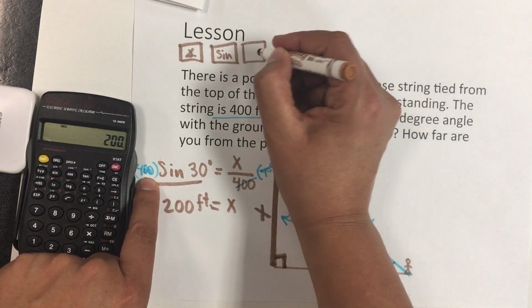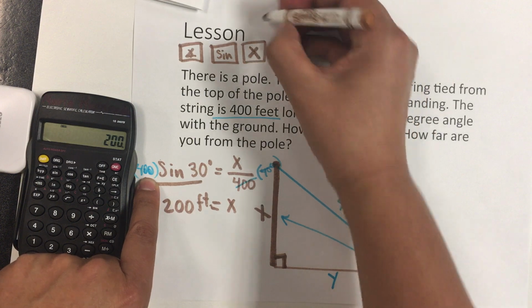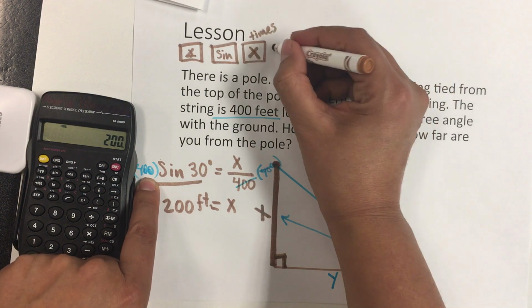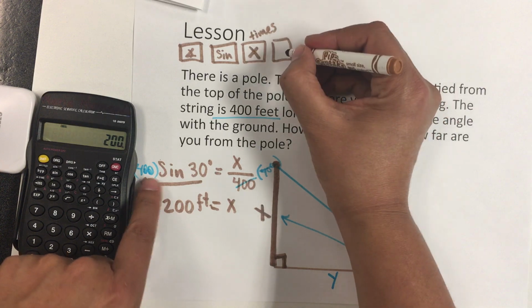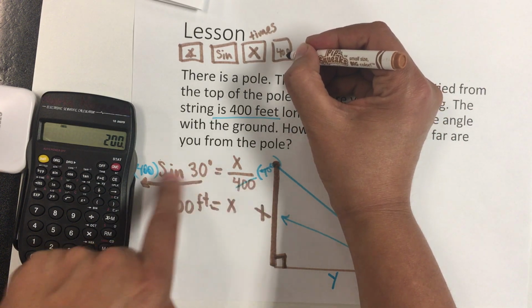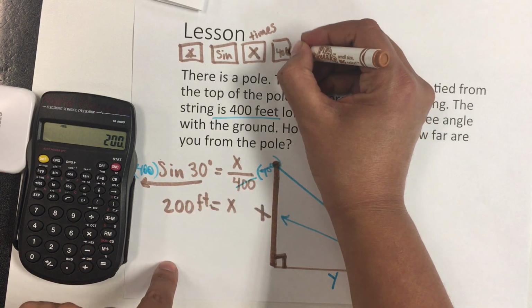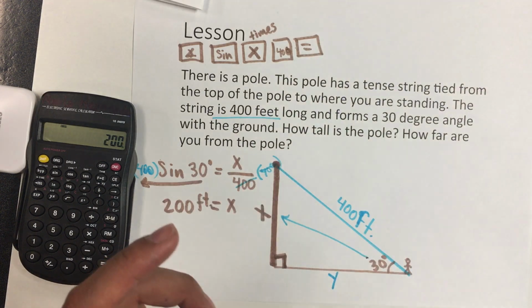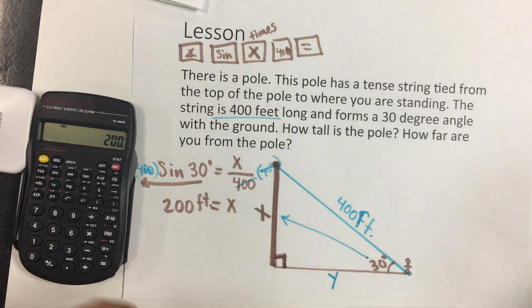The next thing is times. This is times, okay? It's not x, it's times. And finally, what you're canceling here, I'm just going to put 400, but you know that it means what you're canceling. Okay, so 400 and finally equal. So that's for my calculator.